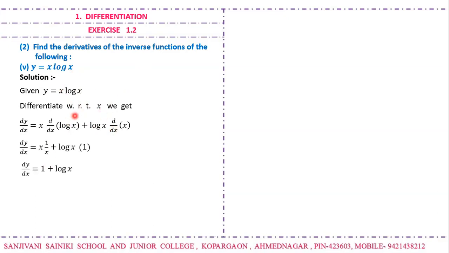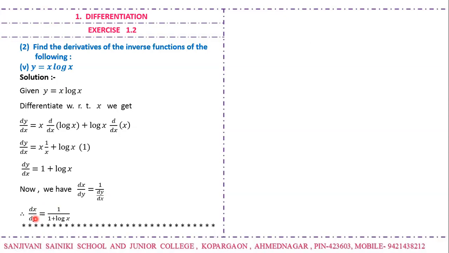And then simplify, we get the derivative as 1 plus log x. Now dx upon dy is 1 upon dy by dx. So dx upon dy is equal to 1 upon 1 plus log x. We will continue this exercise in our next lecture.